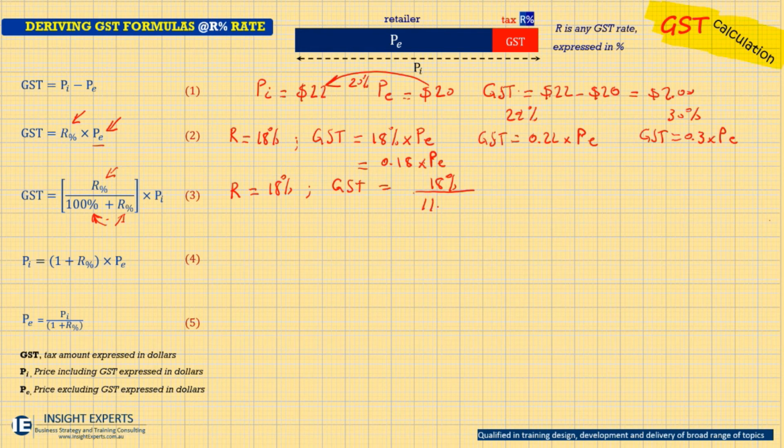So it's 118%. Remember, you always add 100% to the rate. And the whole thing is multiplied by the price, including GST.